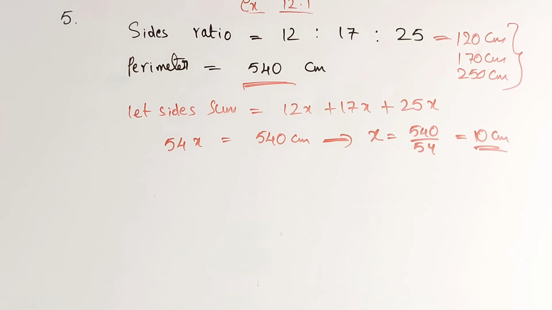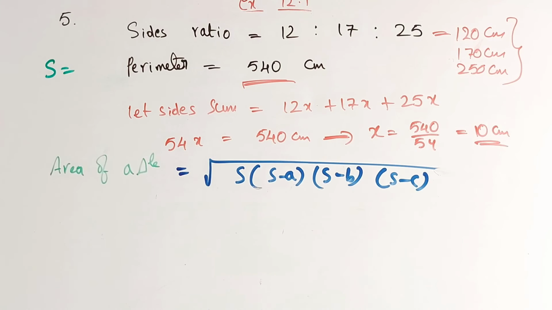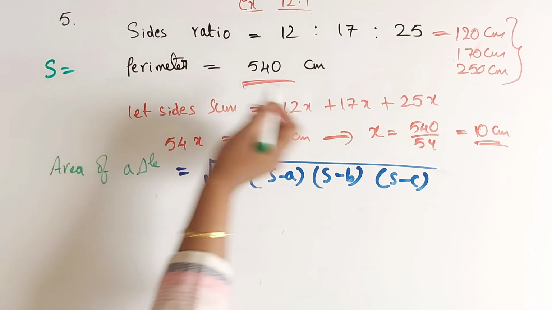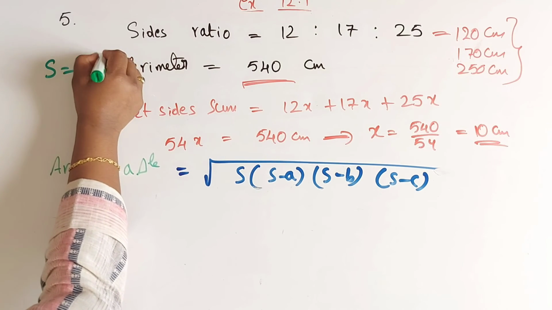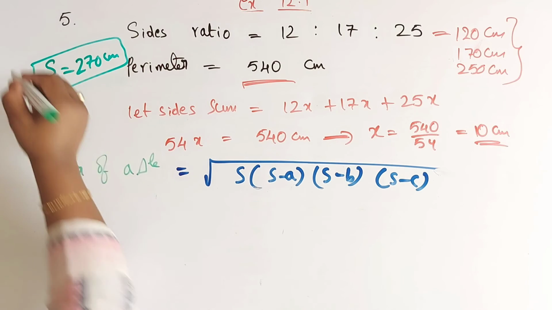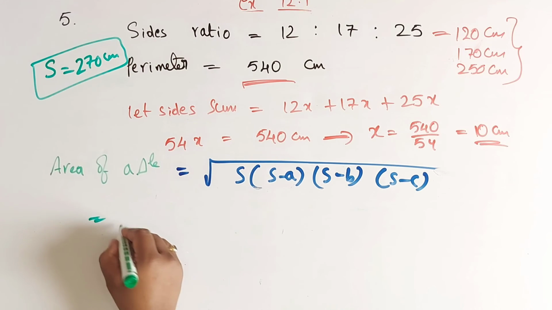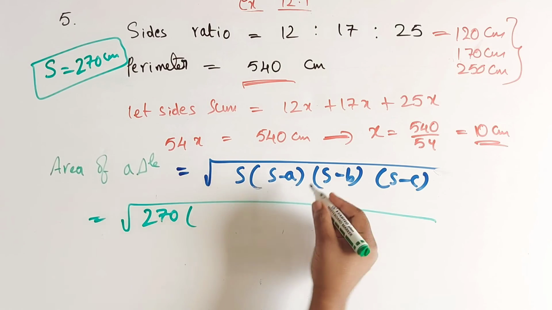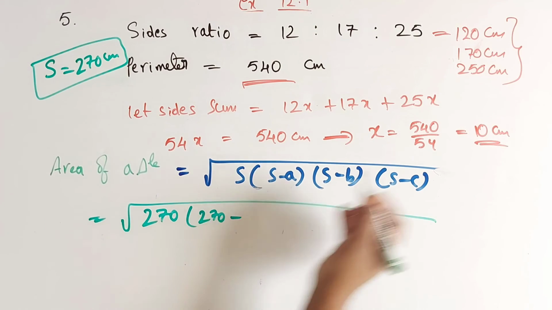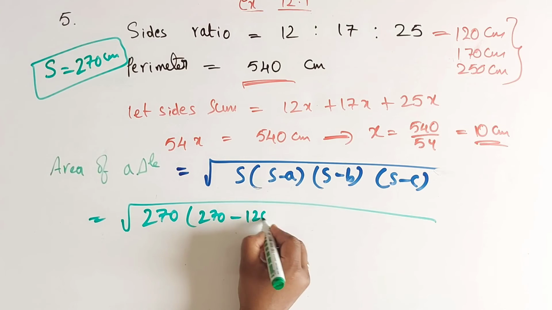Now we can find out the area by using Heron's formula. Here what is S? S means semi-perimeter. That means 540 divided by 2, 270 centimeters. Now we apply the formula here. Root of S means 270, S minus A, 270 minus 120 centimeter.